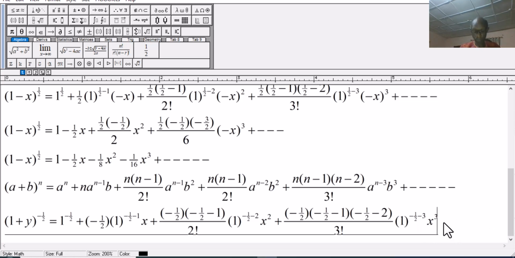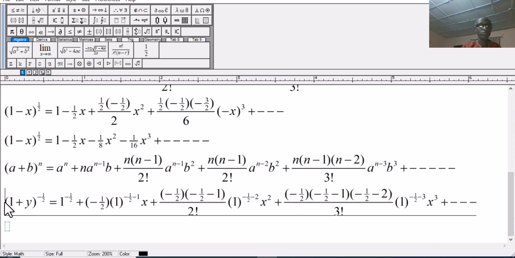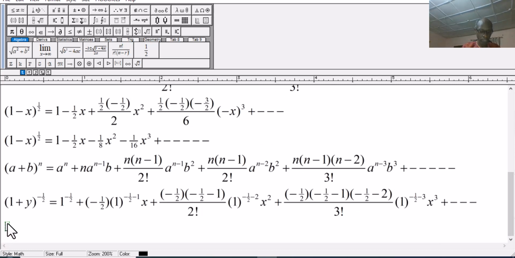So we have this expansion. I'm going to expand everything out now and then see what we get.